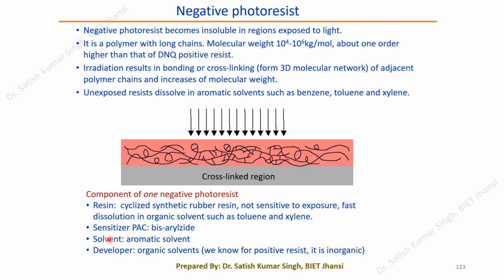Remember this basic difference: in the case of negative photoresist the developer is an organic solvent, while in the case of positive photoresist we use an inorganic solvent.